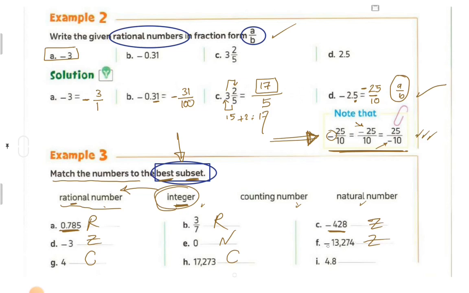Note here, because of the negative sign it's an integer, but here it's positive. Positive is also natural and counting and integer. Which group is the smallest one? Just counting. Okay, 4.8. It's a decimal. Natural? No. Counting? No. Integer? No. It's just a rational number. Next.